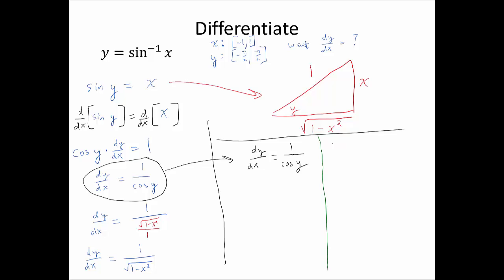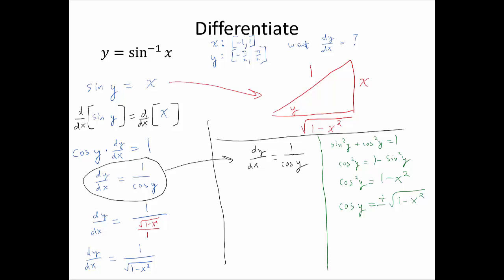I know that sine squared y plus cosine squared y is equal to 1. So then cosine squared y is equal to 1 minus sine squared y. Well, we saw earlier that sine y was x, so I can make that substitution: cosine squared y is 1 minus x squared. And so then cosine y, applying square roots, would be positive or negative square root of 1 minus x squared.